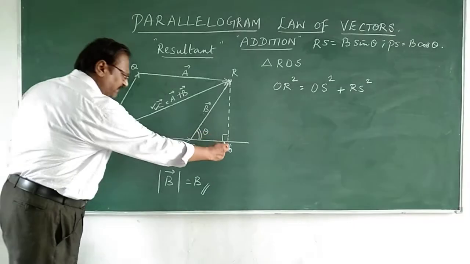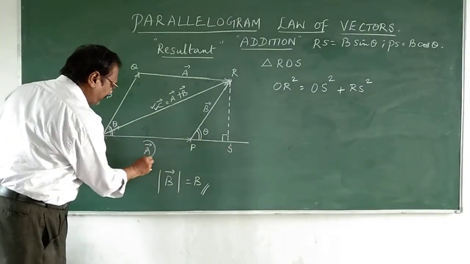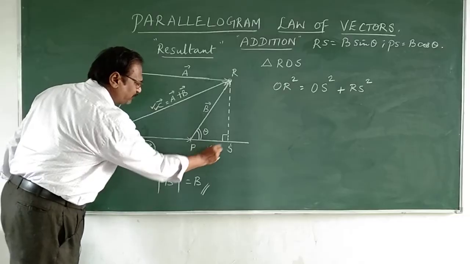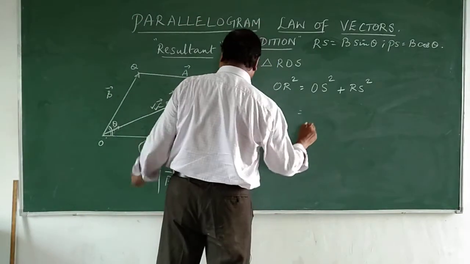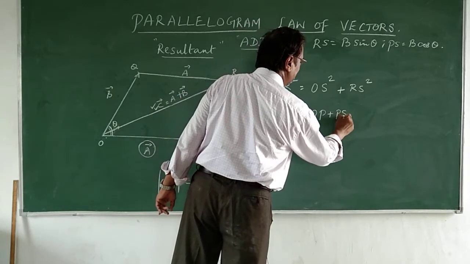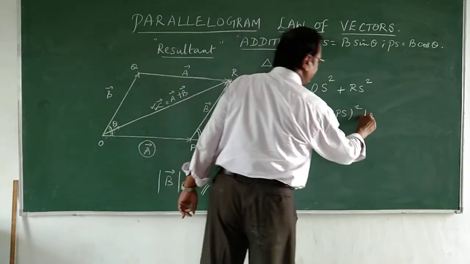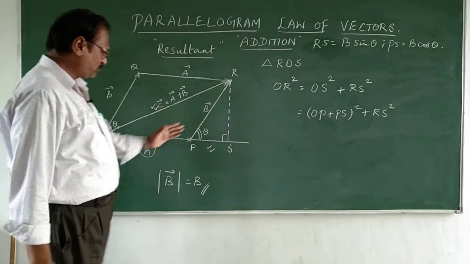But what is OS? OS is OP. OP is A vector plus this value PS. So I will write here OS, that is OP plus PS the whole square plus RS square. I hope you understand this point.